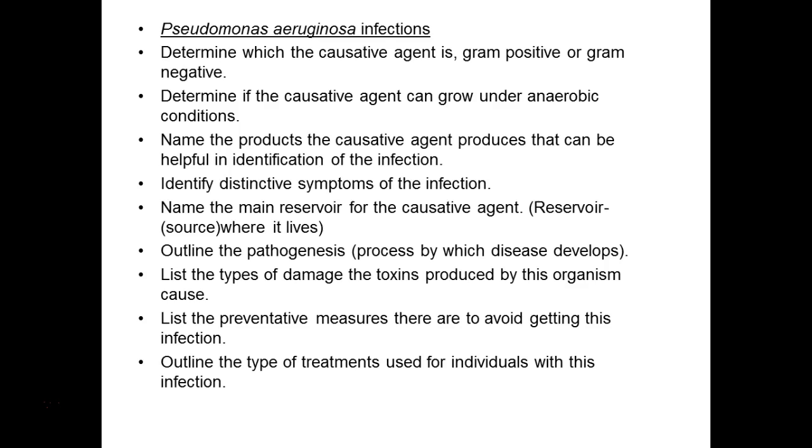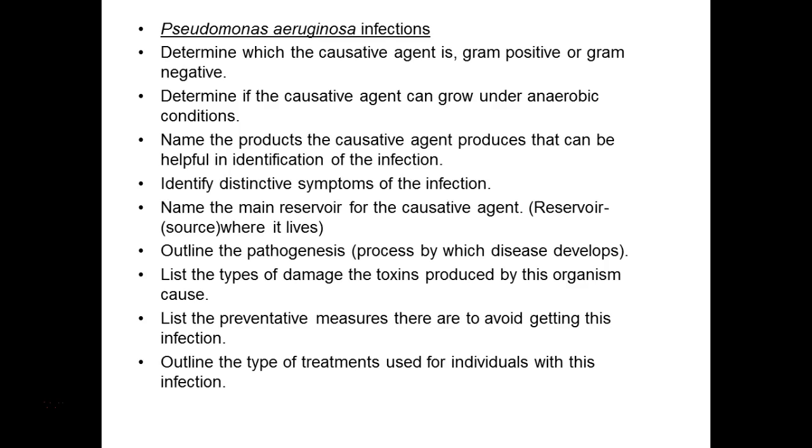This one has some distinctive features that help in identification. Of course, if you have something that's relatively unique to you, this is very good and beneficial to know about. Where does it come from? Its reservoir, where does it live? That'll help us with even avoiding it, right? If you know where it is, you know how to stay away from it.